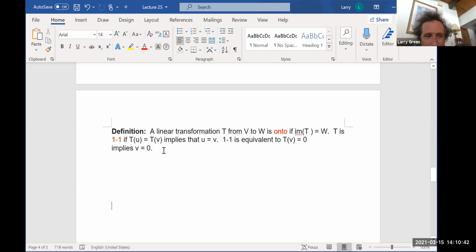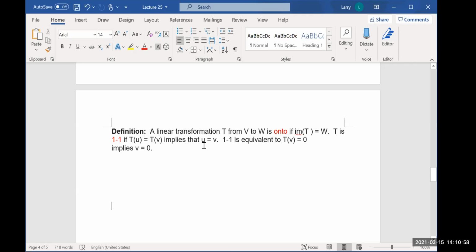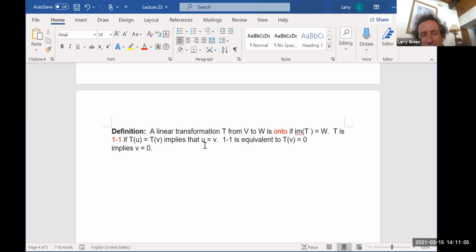And similarly, T is 1-to-1 if T(u) equals T(v) implies that u equals v. Have you heard the definition of 1-to-1 before? Is this any different? No, other than the fact that V and W don't necessarily have to be in Rn. This works for any vector spaces. How about 1-to-1 being equivalent to T(v) equals 0 implies v equals 0?